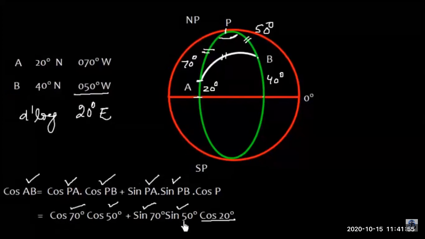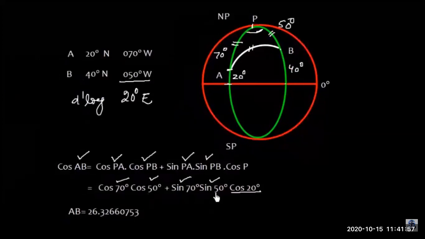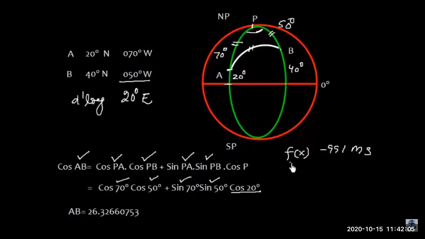After putting in all the values, we get the distance AB, that is 26.3266 from the scientific calculator.